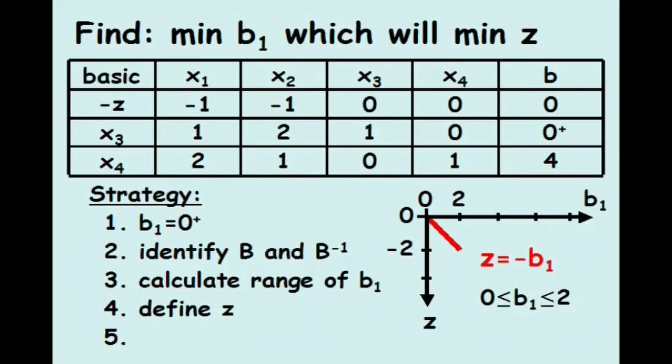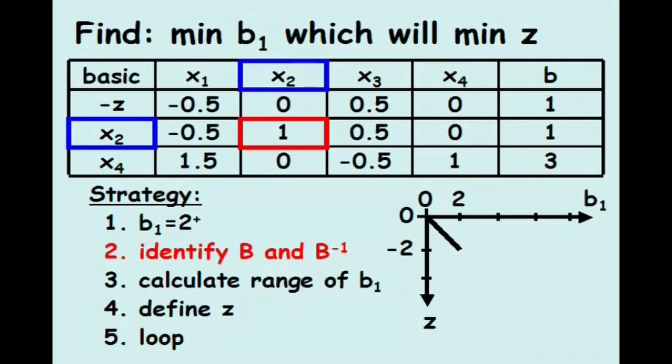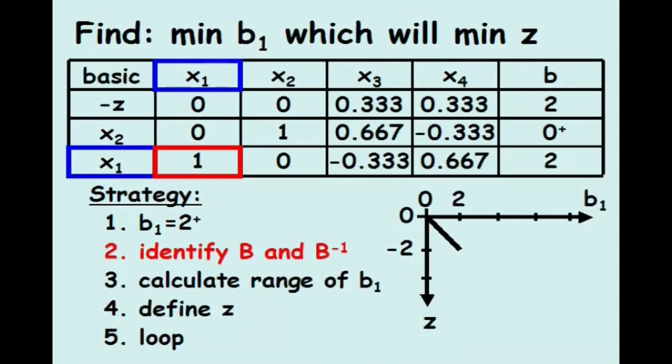The next step is to repeat the same procedure using a value of b1 just beyond the previous range of b1. So we'll assign b1 to be slightly greater than 2. Next, to identify B and B inverse, we'll solve the tableau by first pivoting about variable x2, and then pivoting again about variable x1, and a solution is found.